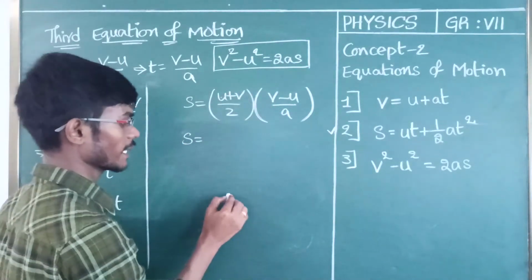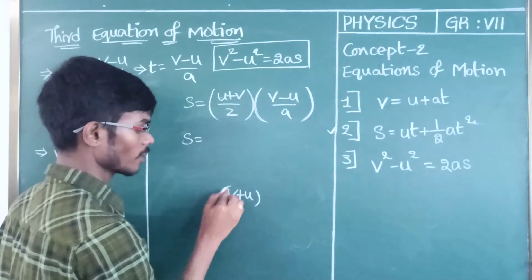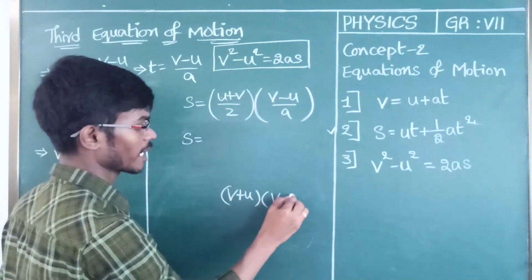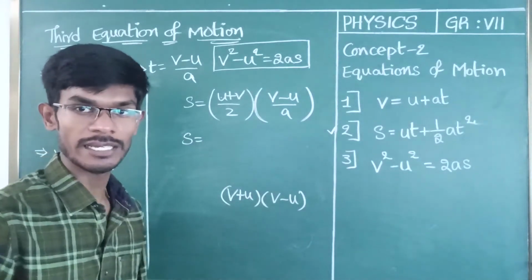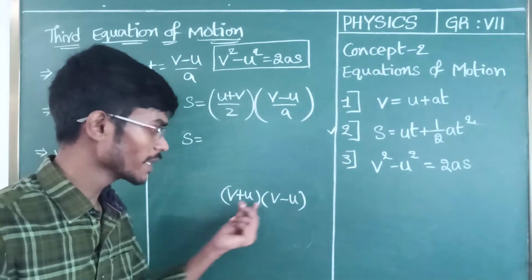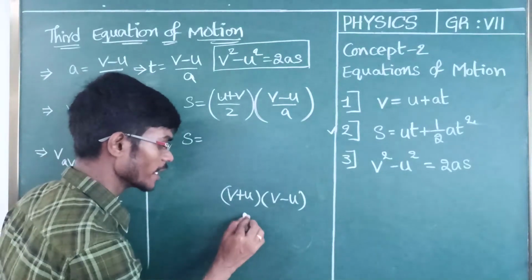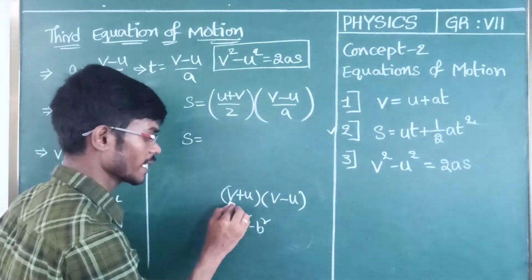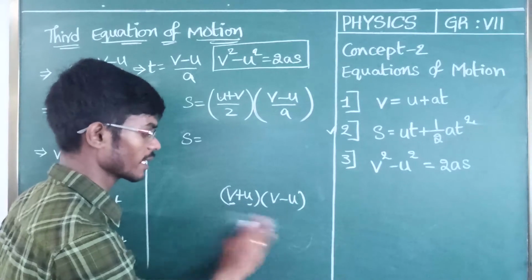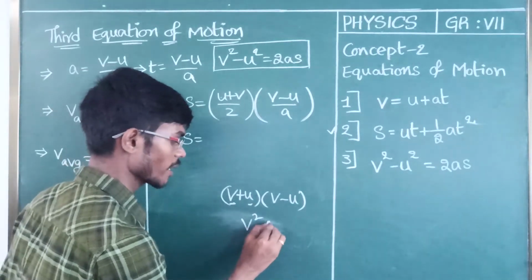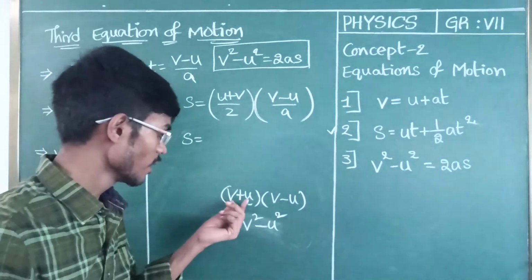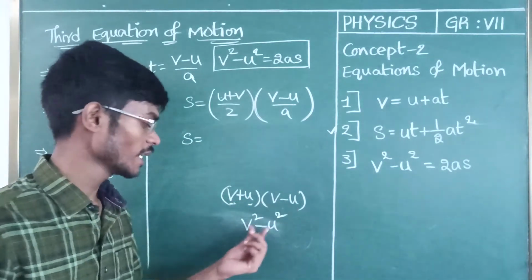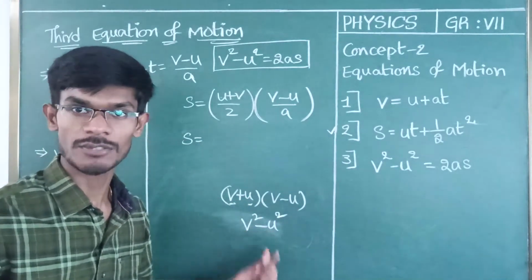U plus V you can write as V plus U, and already here we are having V minus U. A plus B into A minus B. What is the formula? A plus B into A minus B is equal to A square minus B square. Here A is V, B is U. Then this can be written as V square minus U square. Is it correct or not? A plus B into A minus B, A square minus B square.